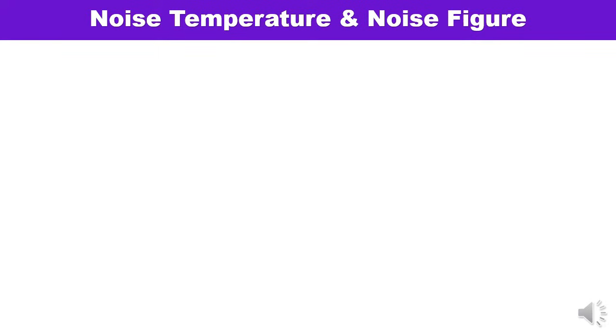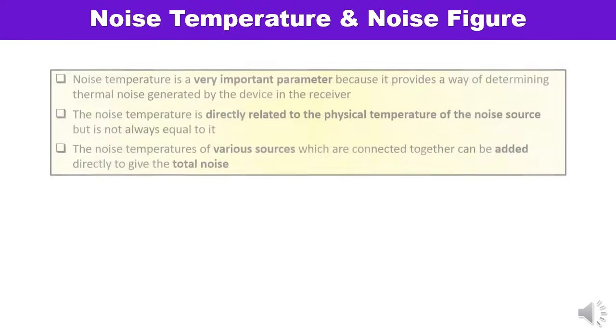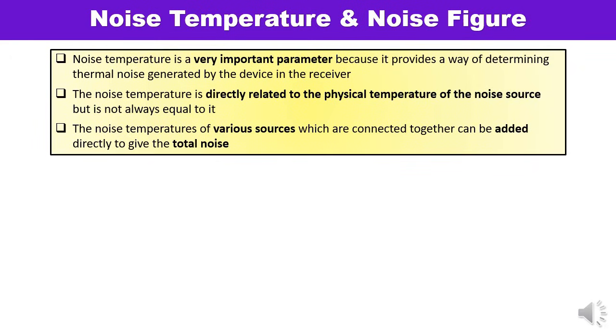Next are the noise temperature and noise figure. There are two terms. What is noise temperature? Noise temperature is very important because it provides a way to calculate the thermal noise generated by the devices in the receiver system.